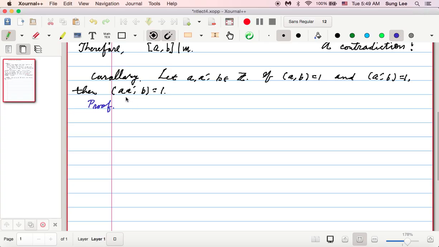Proof. Here we have these two assumptions: a and b are relatively prime, and a prime and b are relatively prime. So this implies there exists, and I'm going to use this symbol.